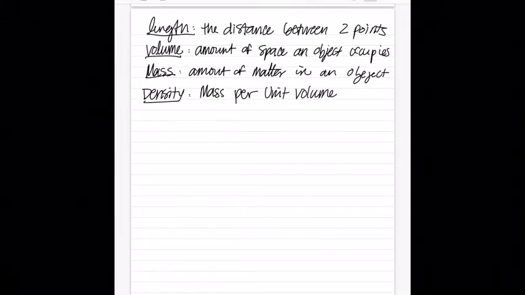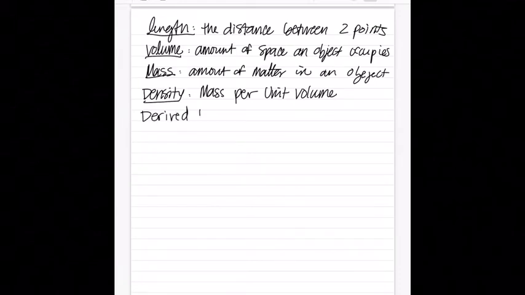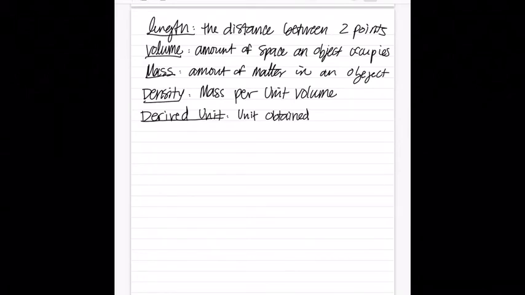Another one, something that you need to know about, is called a derived unit. Okay, now this is probably one that you've never heard of before. So this is a unit obtained by combining other units.